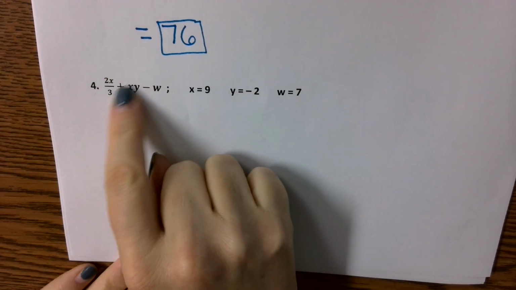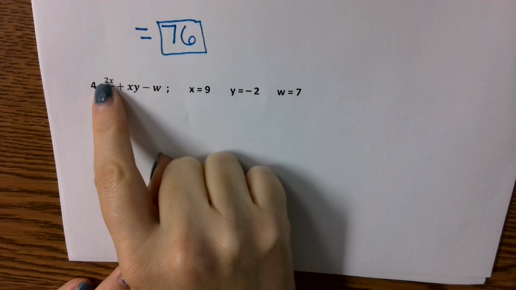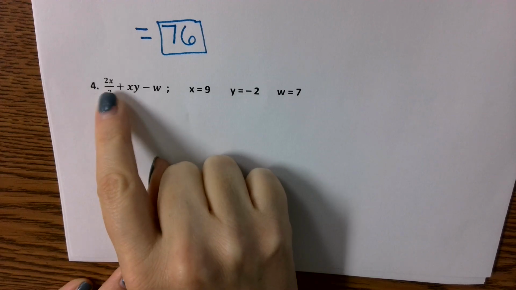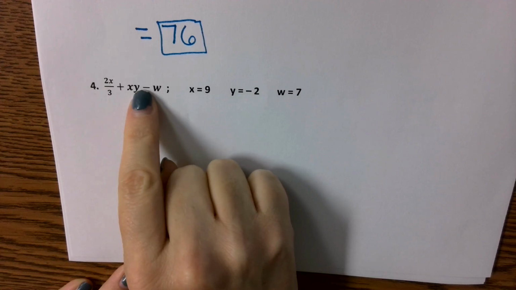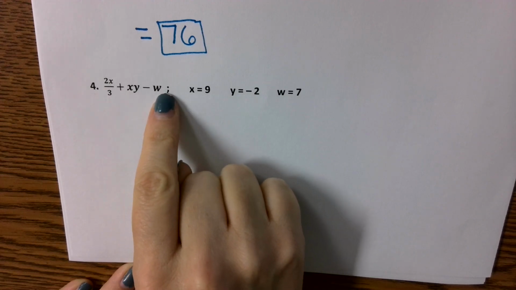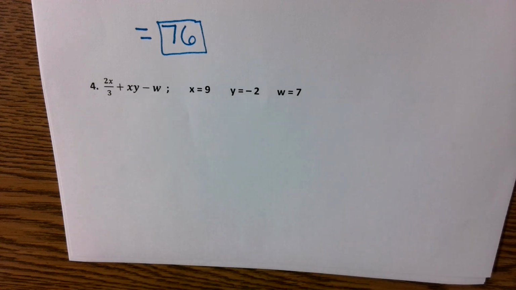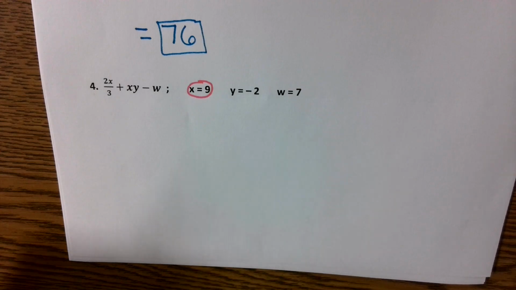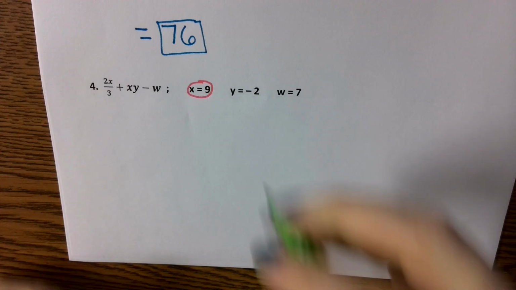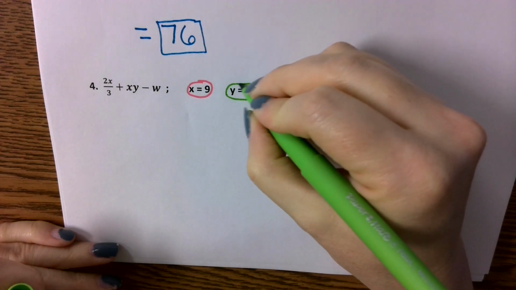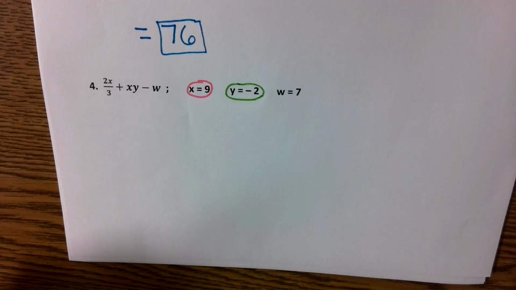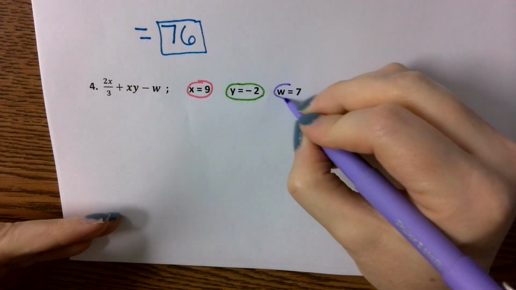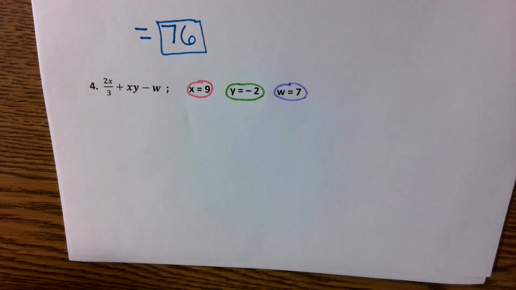We've got 2x divided by 3, right? This is 2 times x divided by 3 plus x times y minus the w. So we've got a value for x, which is a positive 9, boys. We've got a value for y, which is a negative 2. And we have a value for w. Value for w is a positive 7.